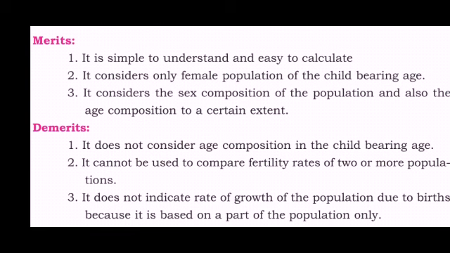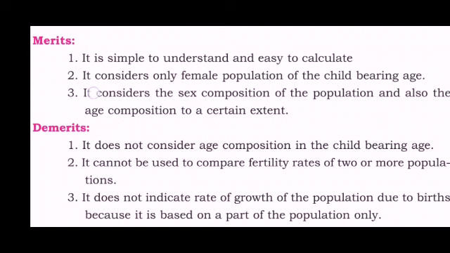That means here it considers the age composition. In the merit also we said, to a certain extent. What is that to a certain extent? We consider total females who come under the age group between 15 to 49, but we don't separate them here. That is 15 year, 16 year, 17 year till 49 year.